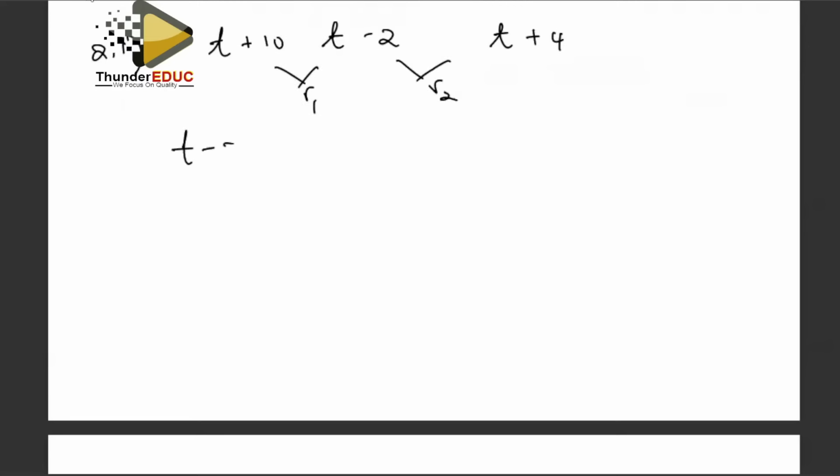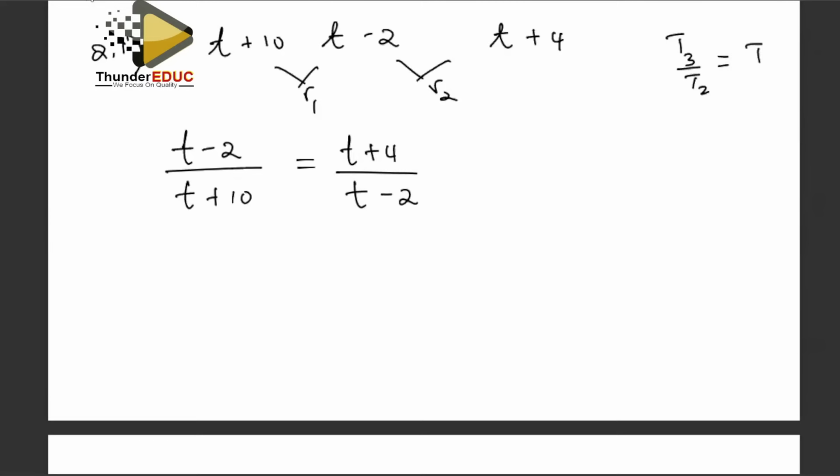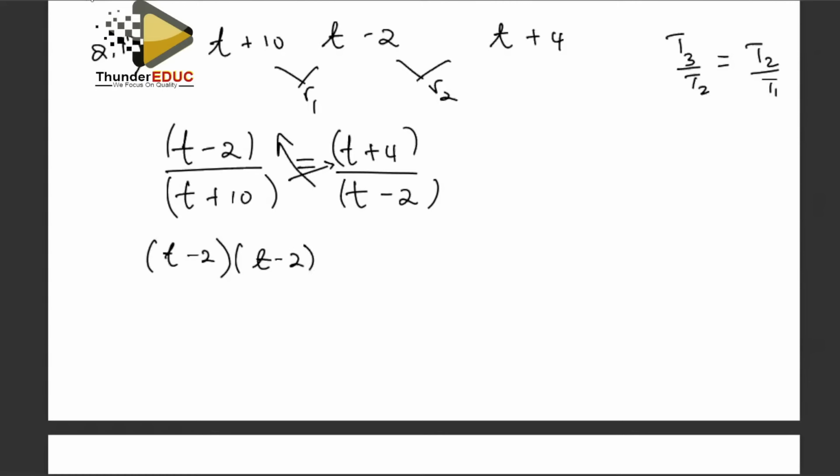So I'll say t minus 2 over t plus 10 should give me the same ratio as t plus 4 over t minus 2, because t3 over t2 should be the same as t2 over t1. Then let's do the cross multiplication. Okay, so this and that, meaning that t minus 2, that's going to give me, let me be disciplined today and write everything. Okay, I'm not going to skip steps.